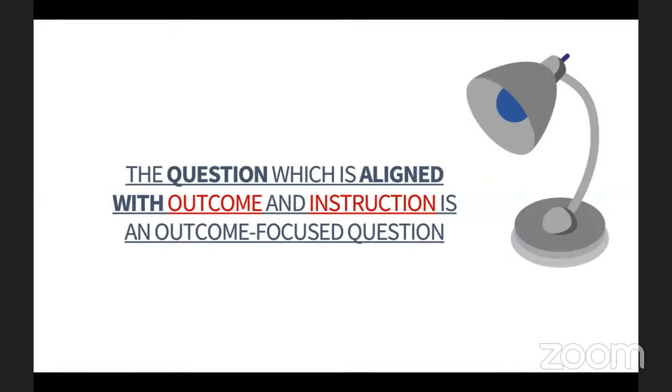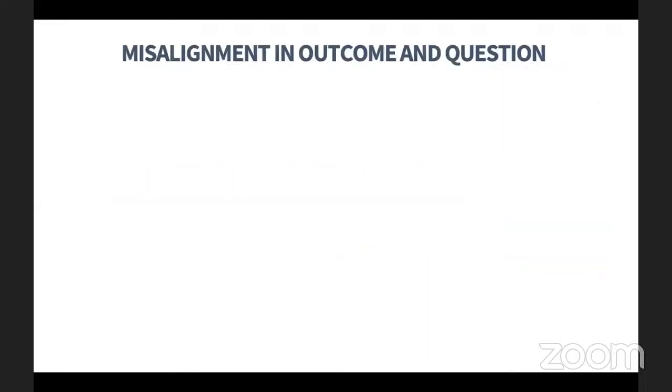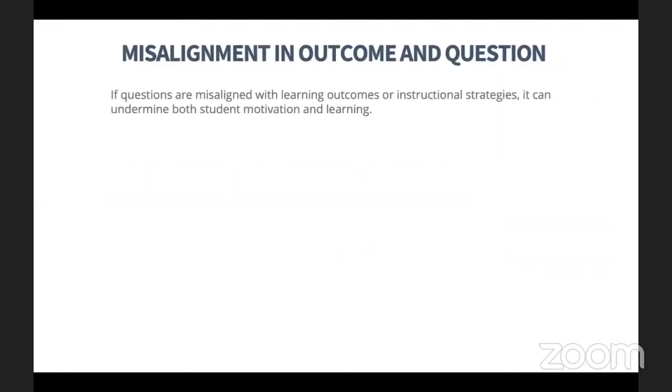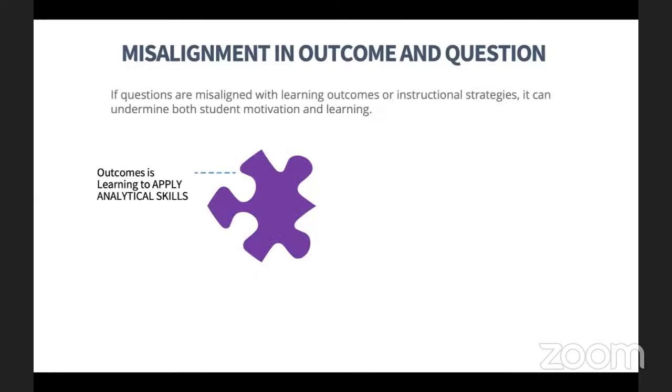So these questions should be aligned with the outcomes that you are trying to achieve, and outcomes should be aligned with the instruction designing used by you to deliver your sessions in the classroom. So that is the alignment that is expected. This is the first foundational block of implementing outcomes-based education. That's what we started with, and now we are using an example to explain this concept further.